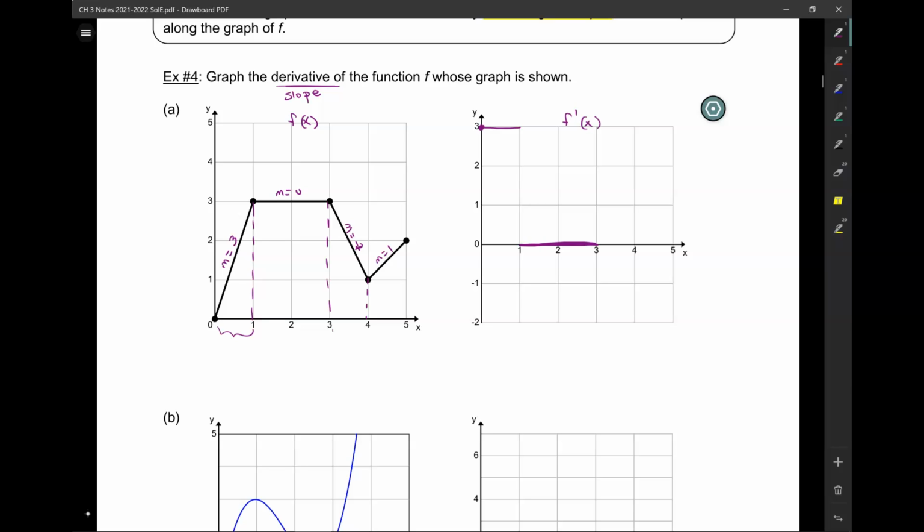So we put a closed circle here, but here in the middle of the graphs, we have to put open circles, because at that point there is a little bit of a controversy as to what the slope is there, right? So we want to leave that open, and we're going to come back to that this whole chapter.